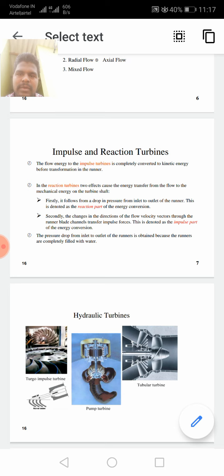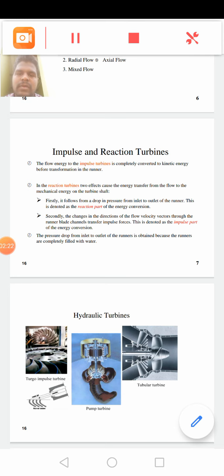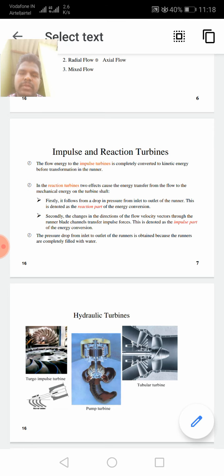Impulse and reaction turbine. The flow energy in the impulse turbine is completely converted to kinetic energy before transformation in the runner. In the reaction turbine, two effects cause the energy transfer from flow to mechanical energy on the turbine shaft.